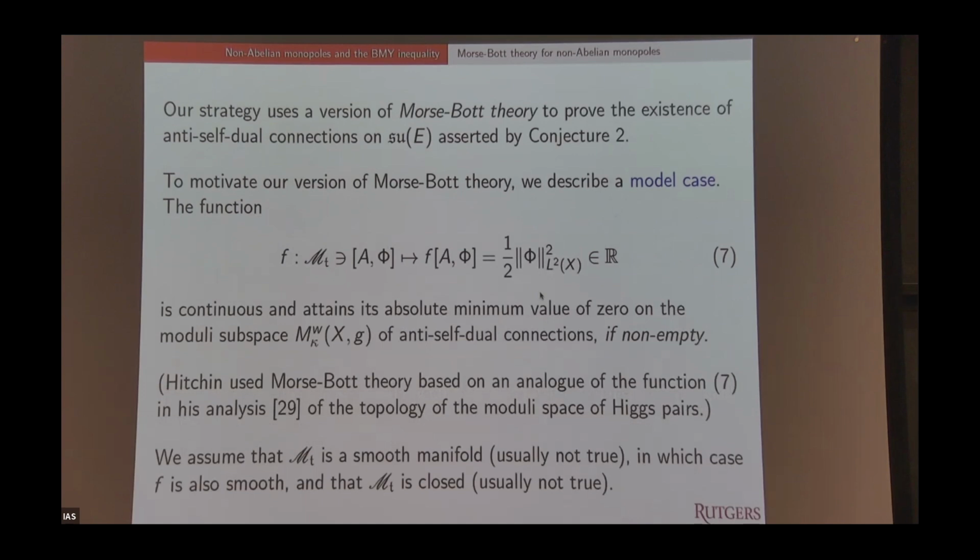On this moduli space, there is in fact a natural candidate for a Morse-Bott-like function, which is just the L2 norm squared of the section. Now, many years ago, Nigel Hitchin had written a famous pair of papers. One of them is called the self-duality equations on a Riemann surface. And he used a Morse function. He proved it actually was a Morse function on his moduli space, which at least formally looks like this. In his case, phi was the Higgs field, whereas for us, it's a Dirac spinor.